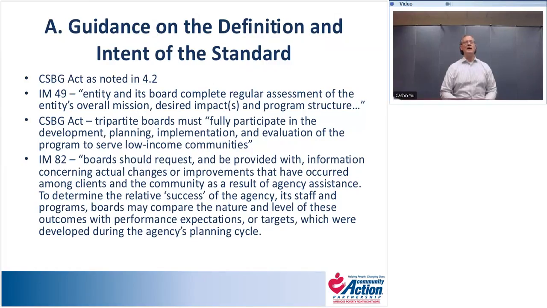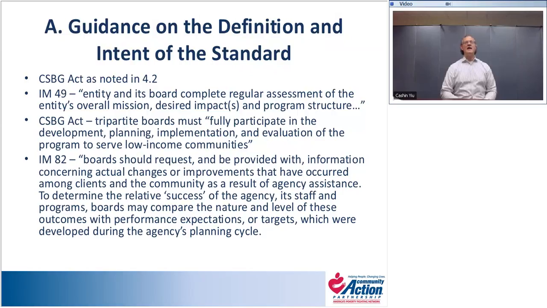So again, the standard is about making sure that we meet those requirements within the CSBG Act and conform to the guidance in IM49. And then also IM82 clarifies that boards should request and be provided with information concerning actual changes or improvements that have occurred among clients and the community as a result of agency assistance.